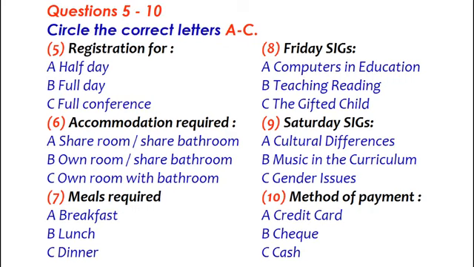On Friday you have a choice between computers in education or teaching reading skills. Or a session on catering for the gifted child. Oh, they all sound interesting. But technology in the classroom is really my area of interest, rather than reading. So I'll go for that. I can probably read up on the gifted child topic myself.